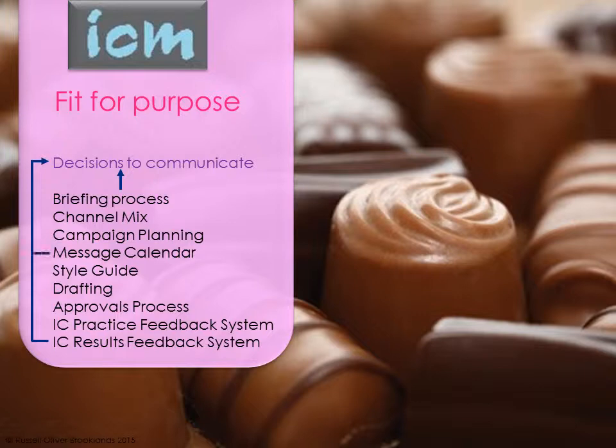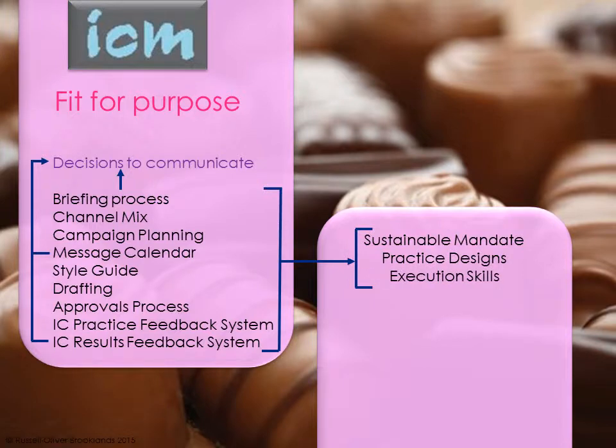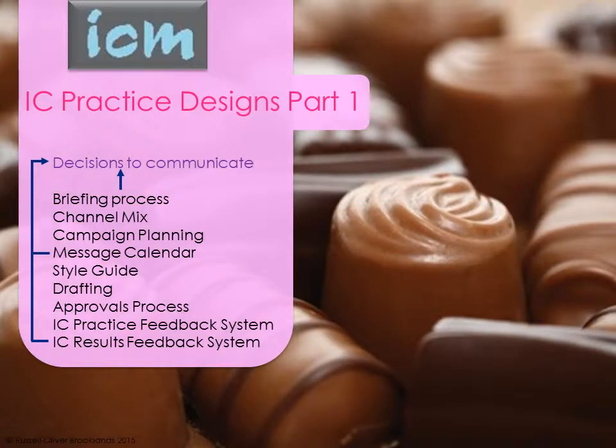Importantly though, for all of these activities, you need to have the right mandate, practice designs and execution skills. So what can you do now to start addressing any shortfalls that could be keeping you out of the sweet spot at the moment?